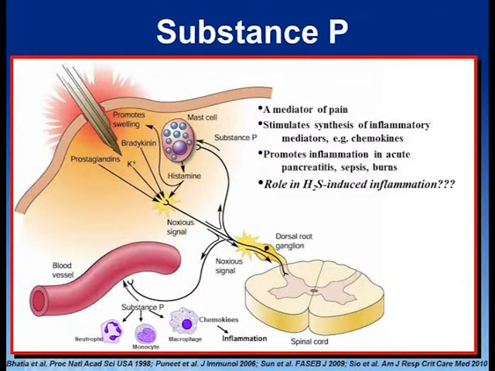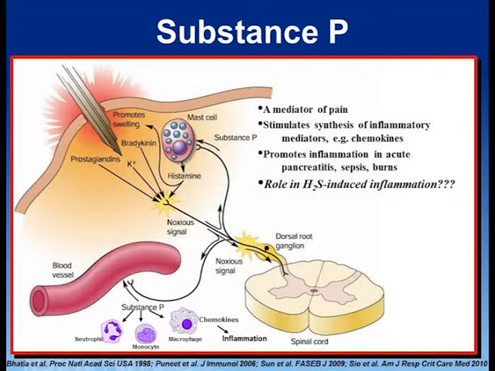It can cause release of other mediators, and we have looked at substance P acting on different kinds of white blood cells, neutrophils, monocytes, macrophages, and causing release of chemokines that contribute to inflammation. We have shown earlier that substance P by itself promotes inflammation in acute pancreatitis, sepsis, and burns.